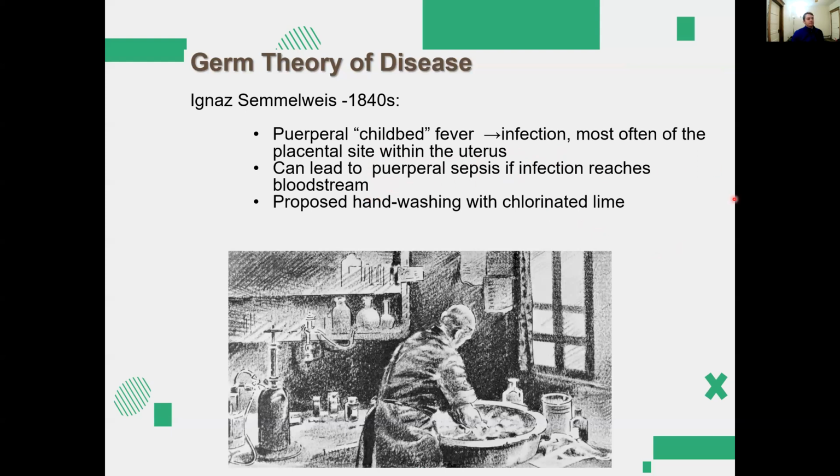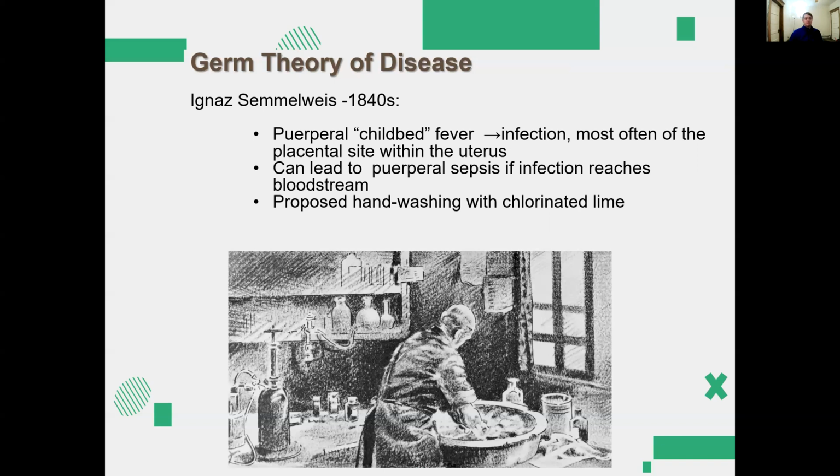So how he arrived at his proposal of hand washing with chlorinated lime, it's quite an interesting story. His breakthrough occurred in 1847, following the death of one of his friends, Jacob Kochka, who was poked by a student's scalpel while performing a post-mortem examination.